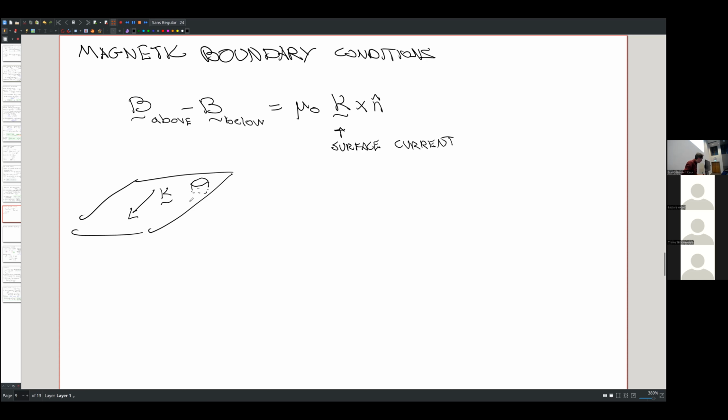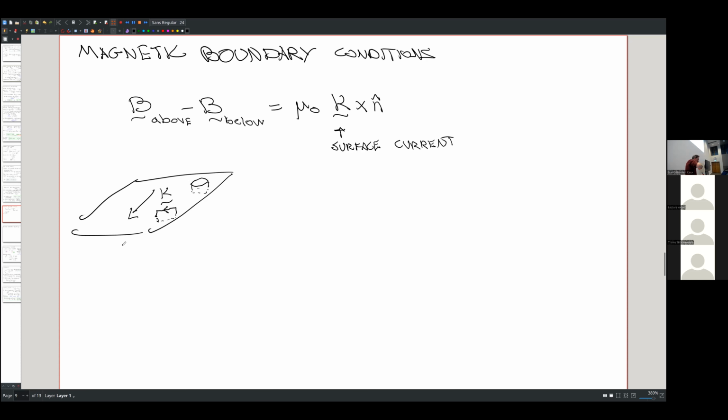And then the other thing I do, just like we did back then, is take a little Amperian loop that straddles the boundary, and we integrate the curl of B on this surface, and that gives us a line integral of the parallel component of B to that surface, above and below. And here I use Ampere's law.